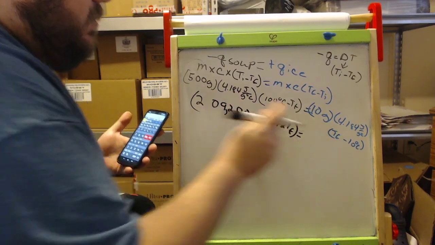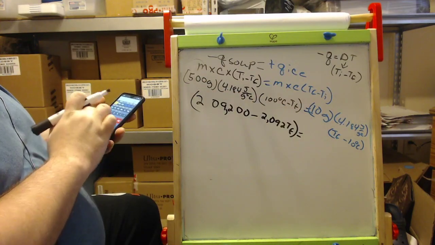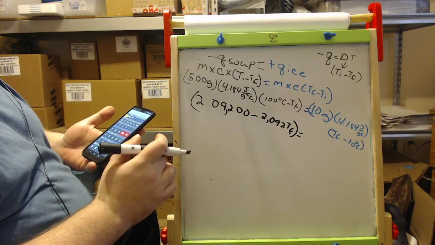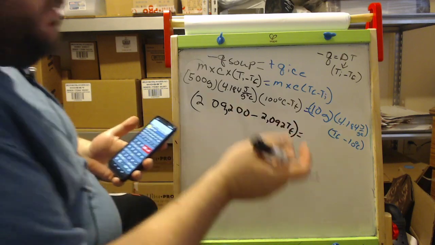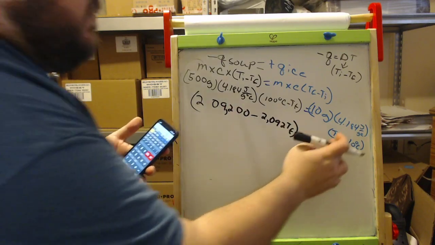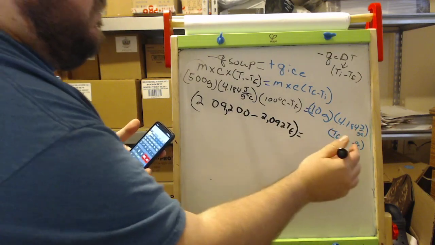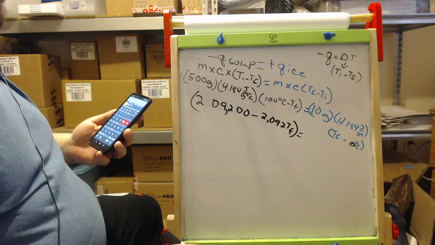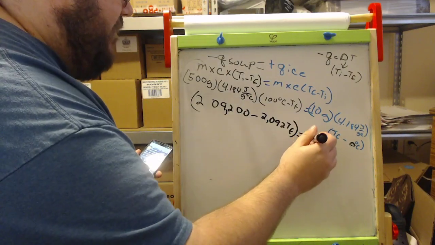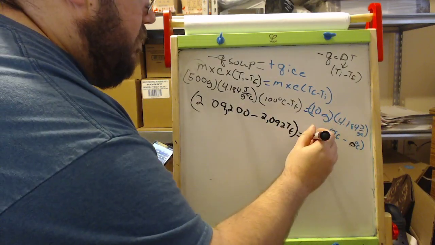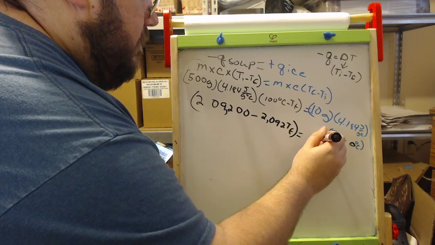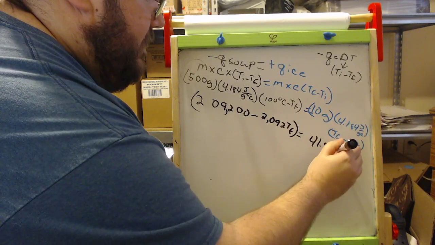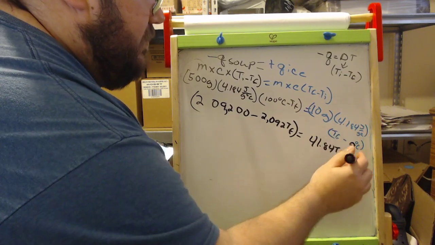And that's going to equal, I'm going to take 10 times 4.184, which is obviously 41.84, times, this was 0 degrees Celsius, not 10 degrees Celsius. 0 degrees because it was ice. So I'm going to distribute 10 times 4.184, which is 41.84. Multiplied by Tf is Tf times 0 there.